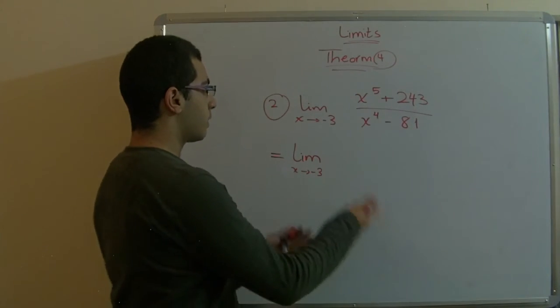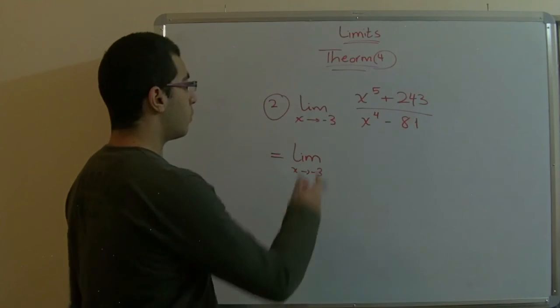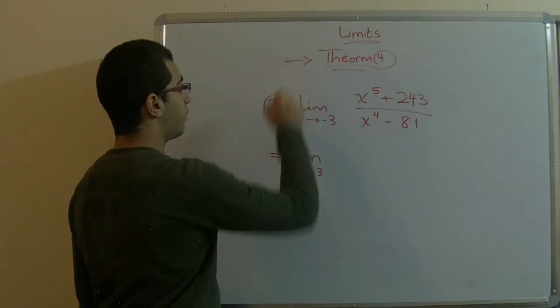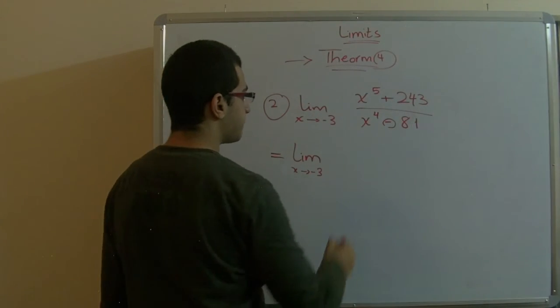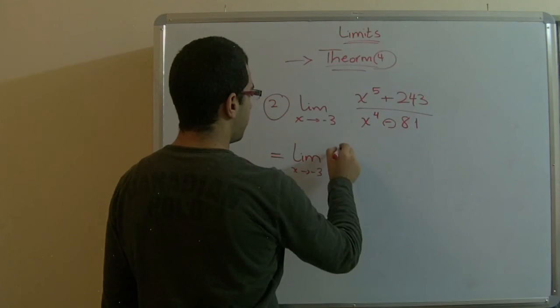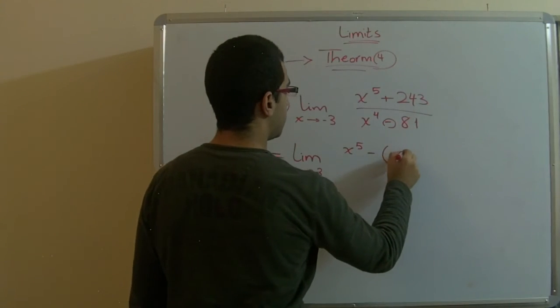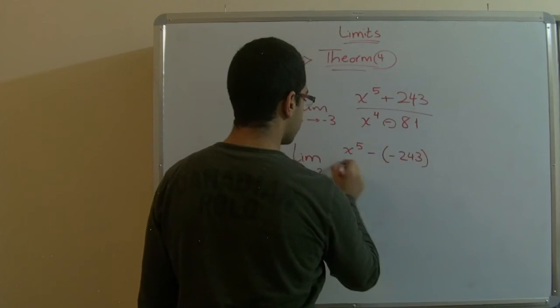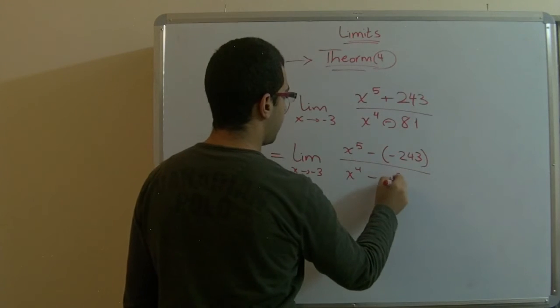So we will return the form into the formula we have known in our theorem today. So we will return this into a negative. We have here x to the power 5 minus negative 243 over x to the power 4 minus 81.